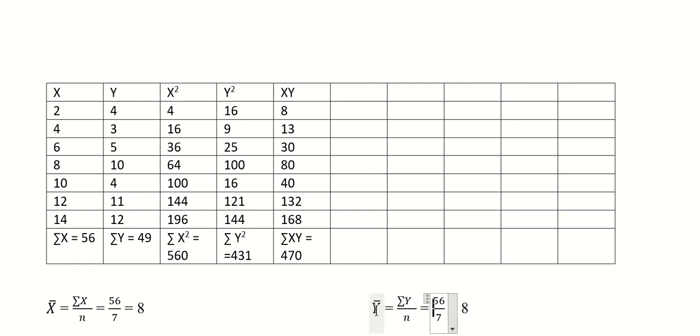So here summation of y is 49. 49 upon 7 is 7. So we got mean of x and mean of y.